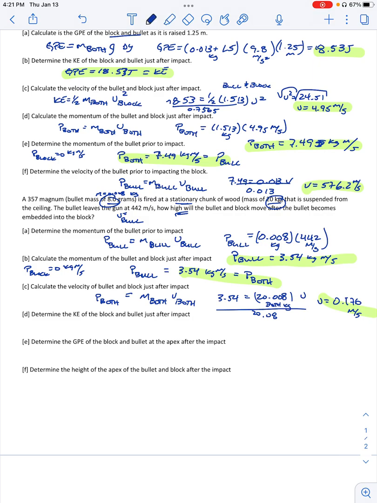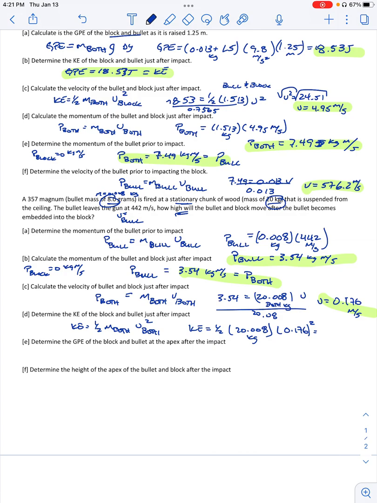Determine the kinetic energy now. All right, kinetic energy, pretty good here. So KE for both of these is going to be 1/2 the mass of both times the velocity of both squared. 1/2 the 20.008, again that's the kgs for both, times the velocity of 0.176, that quantity squared. 0.5 times 0.176 squared times 20.008.